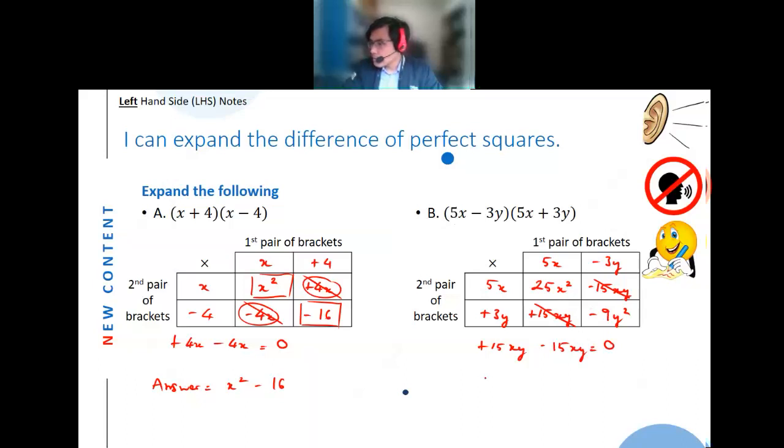The only thing that would be left would be the 25x squared minus the 9y squared.